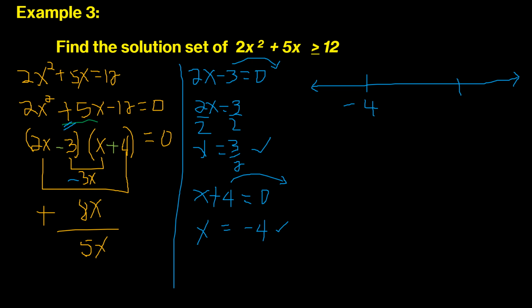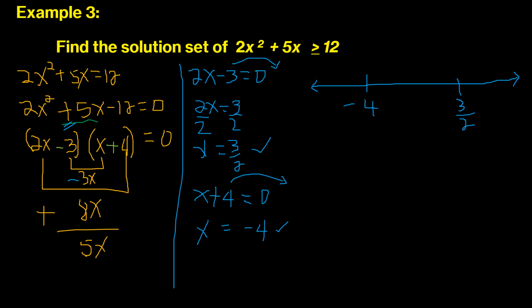Of course, negative 4 is at the left of positive 3 halves, because a negative number is always less than a positive number. Now there are 3 regions to be considered again.